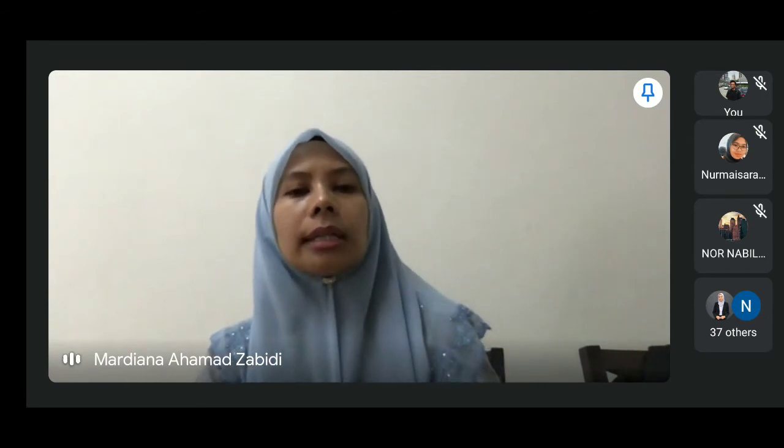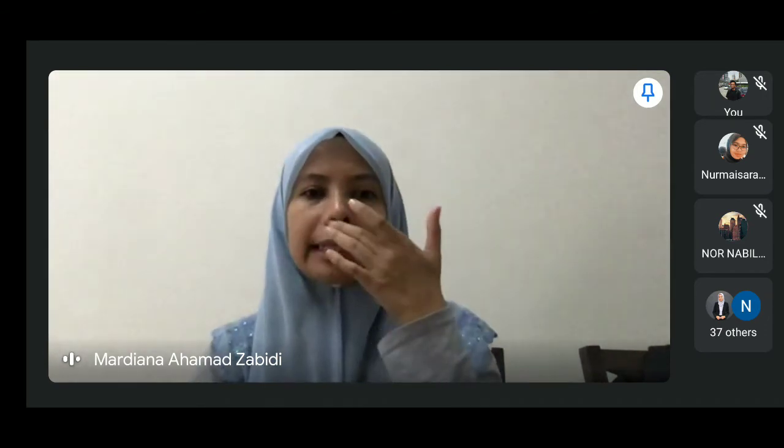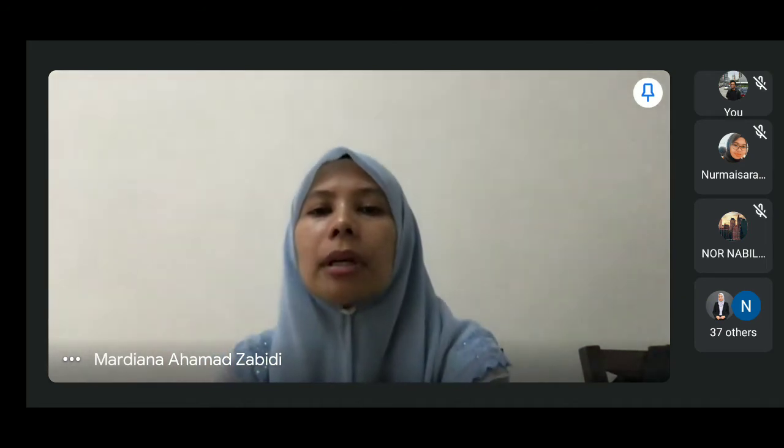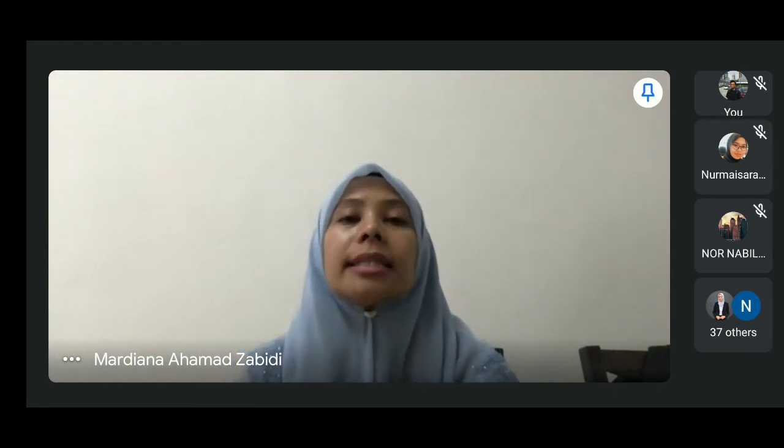And then we have the sampling frame. Later, don't mix up sampling with sampling frame. It is a list of all sampling units in the target population. And then we have sample size, the number of units or subjects sampled for inclusion in the study. And then this one is the census, polling for the entire population. E-census, banci.